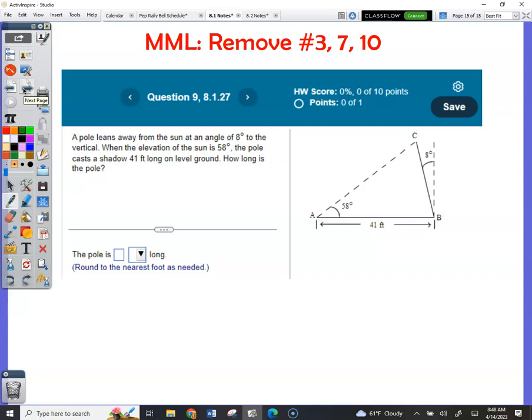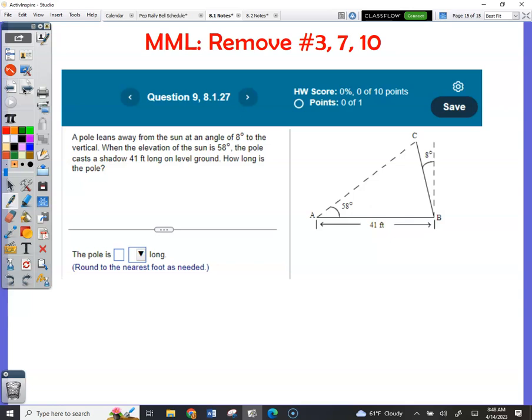So on your paper somewhere, just put MNL number 9. You don't have to copy this down. I just wanted to show you that this is a word problem. It's saying how long is the pole. So clearly you're finding the missing side length.